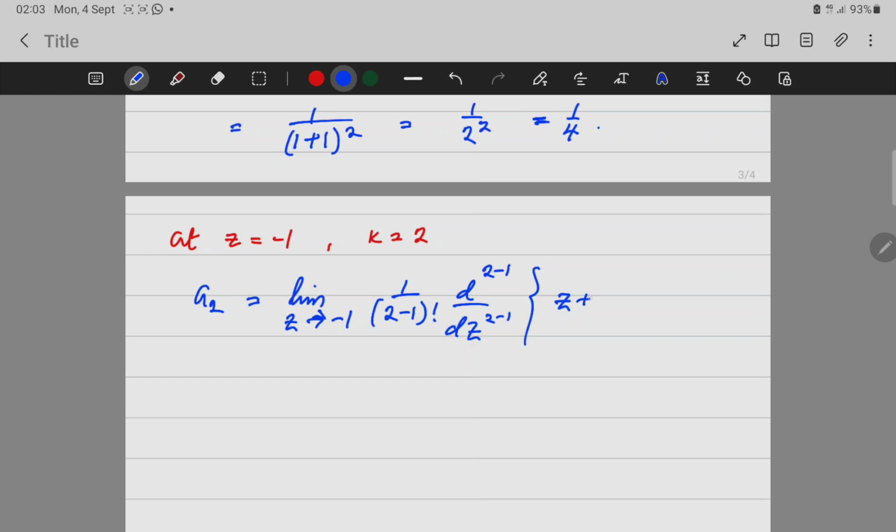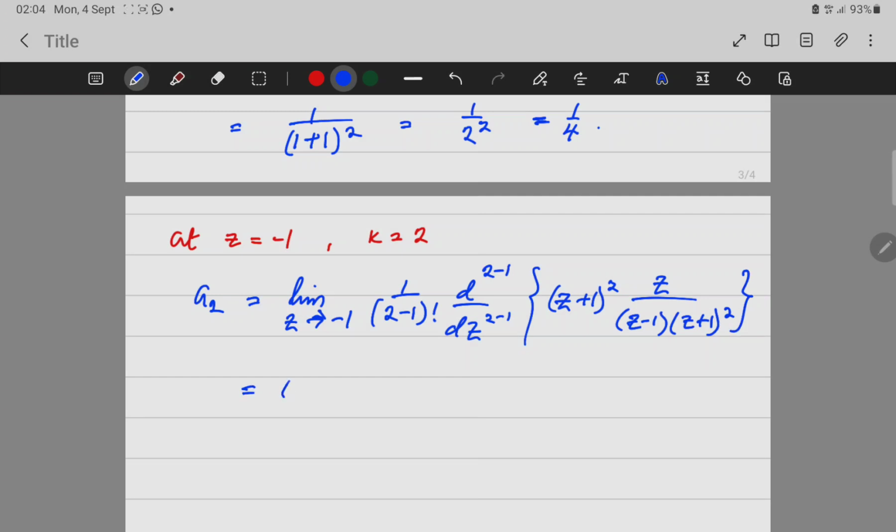So (z plus 1) raised to power 2, then we introduce our f of z, z divided by (z minus 1) into (z plus 1) squared.